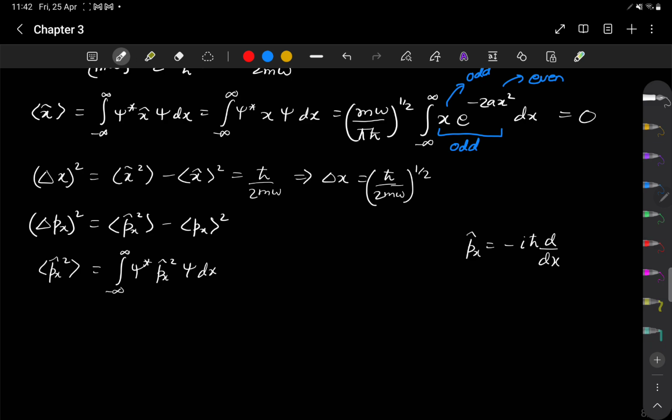This is the momentum operator. So this is the momentum squared operator, and this operates on psi.